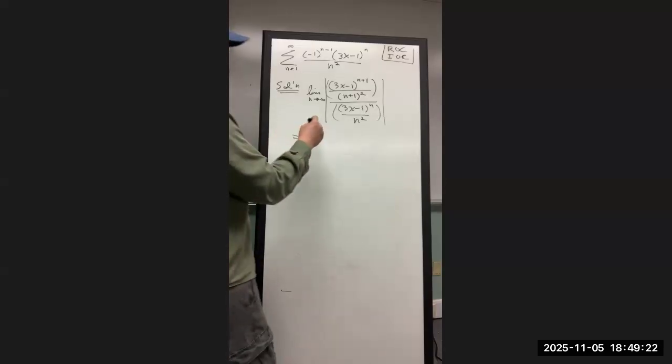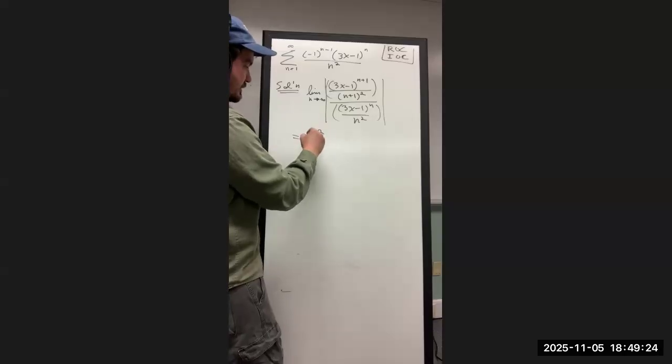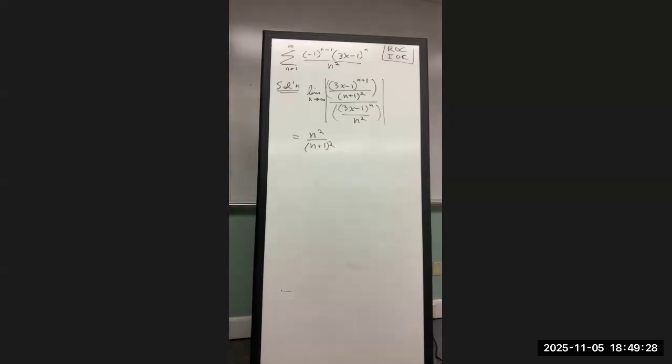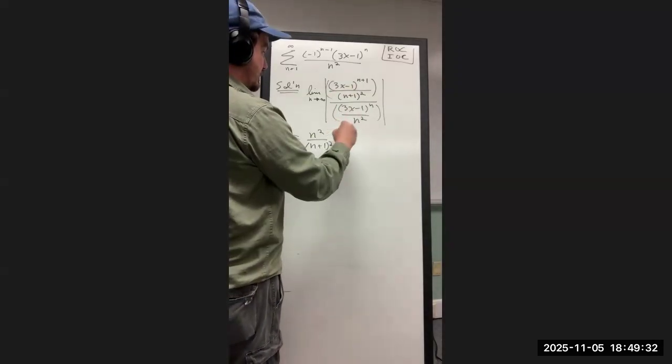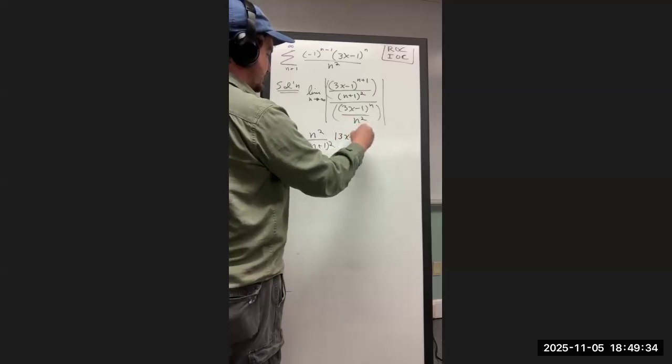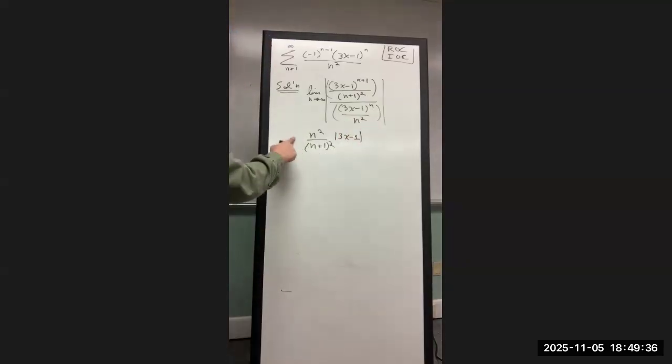This simplifies. We'll end up with n squared over (n+1) squared times the absolute value of 3x - 1. And we're still taking a limit here.